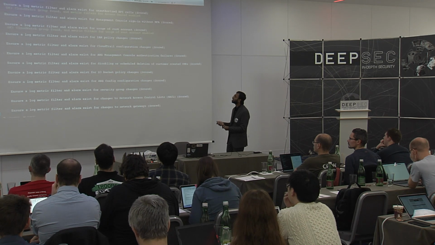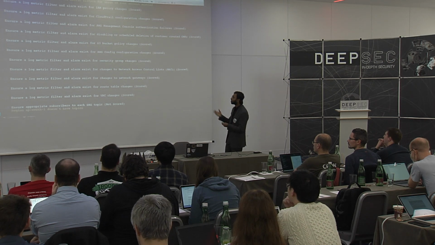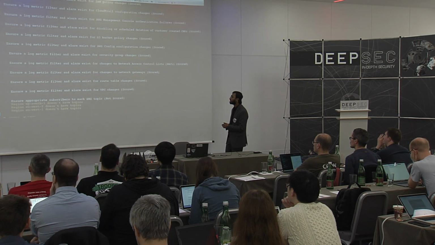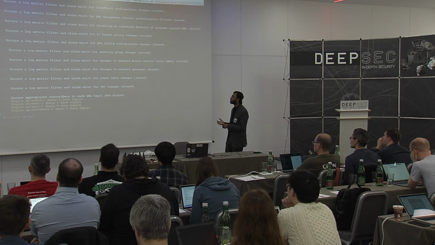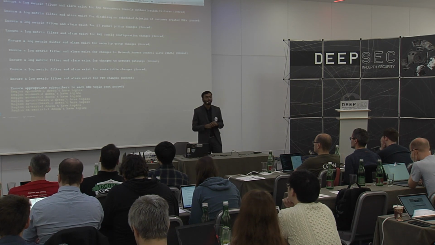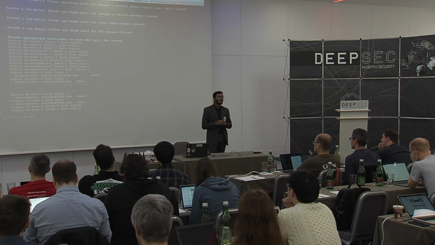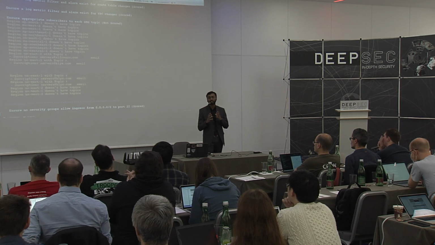Now you can see things in amber as something which is like a warning, and then a lot of reds which is showing you that you are missing out on something. So you don't have an alarm for VPC changes. VPC is like a closed cloud, like a small cloud inside your account, and everything inside a VPC can interact with each other.